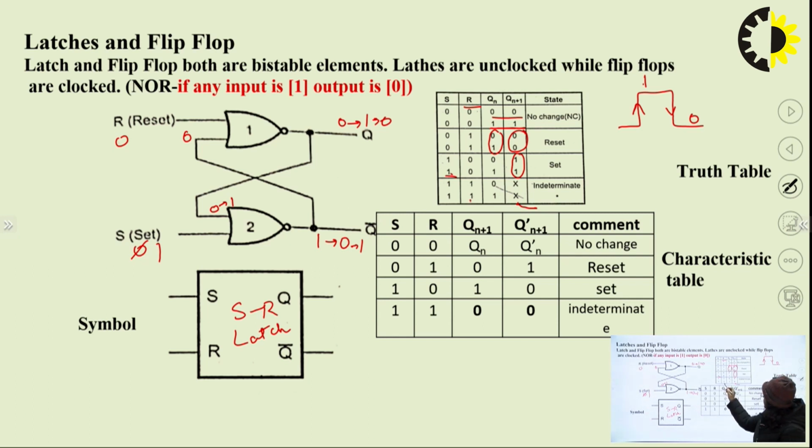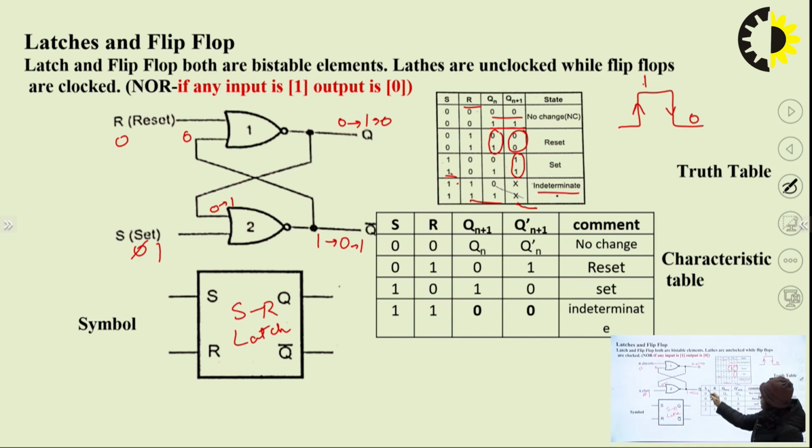The 1-1 combination is not used. If we take both inputs as 1-1, then for the next output both outputs would be 0, or both would be 1, which is not feasible. Hence, it is an indeterminate combination.